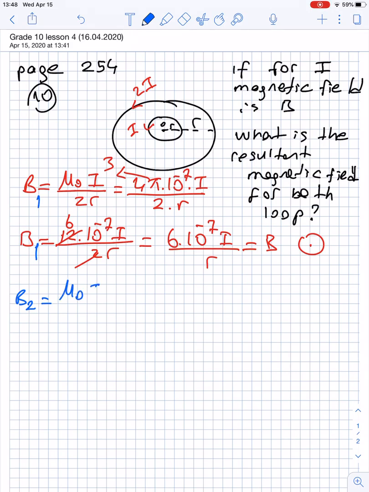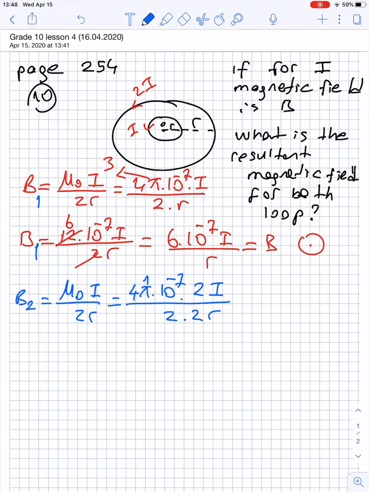I have to use the same formula, mu 0 I over 2R, and mu 0 is the constant 4 pi times 10 to the power minus 7, and the current is 2I over 2, and for the second circular loop the radius is 2R.